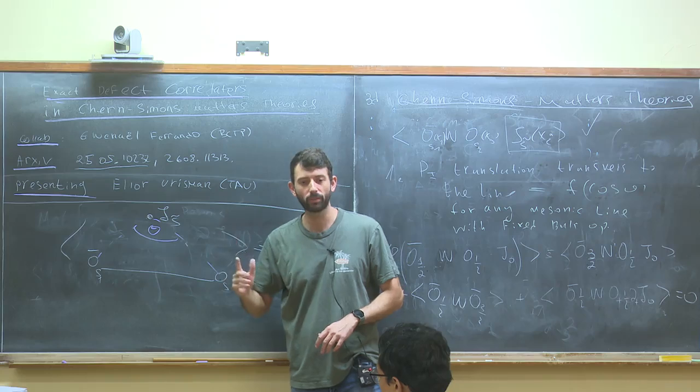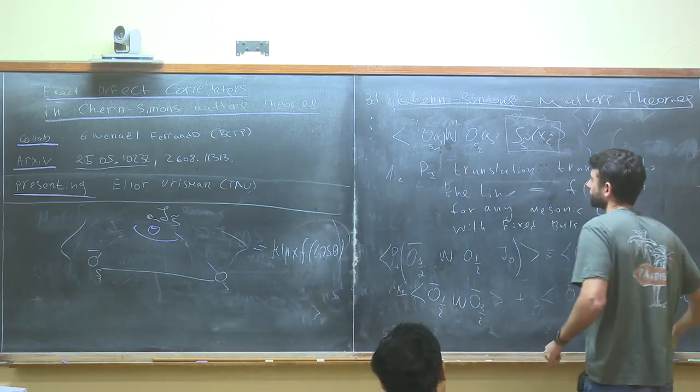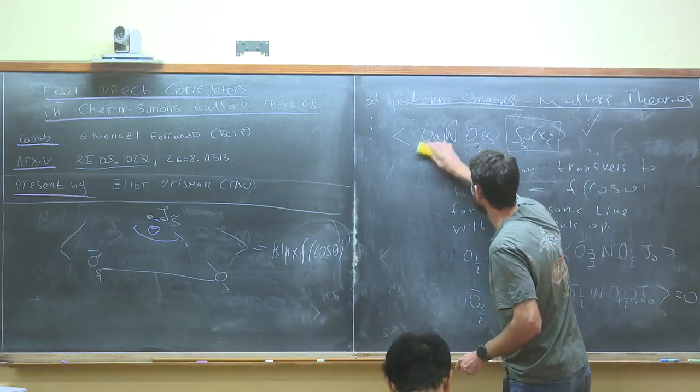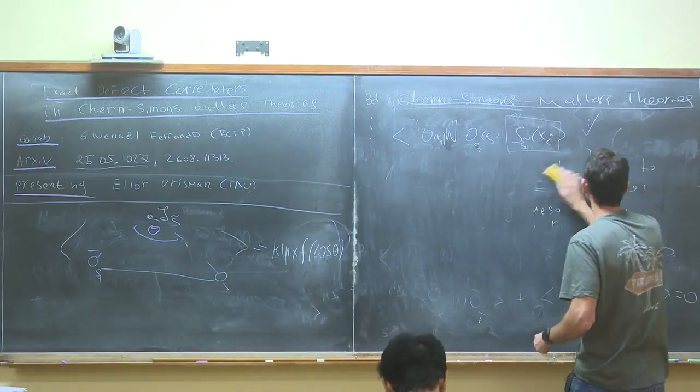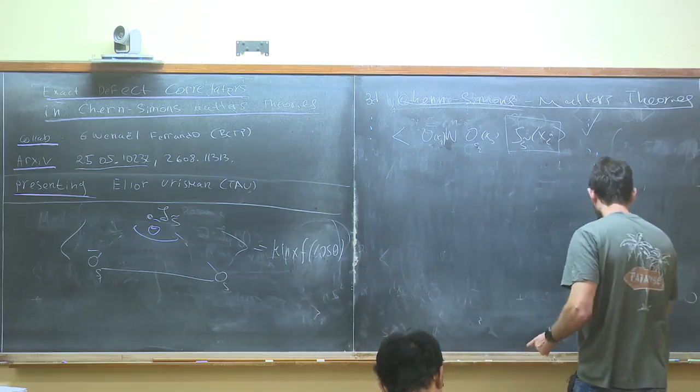And this is where you use the Maldacena-Zhiboedov technique, where, after you determined it for a given bulk operator and any mesonic line operator up to a number, this function is now known explicitly.